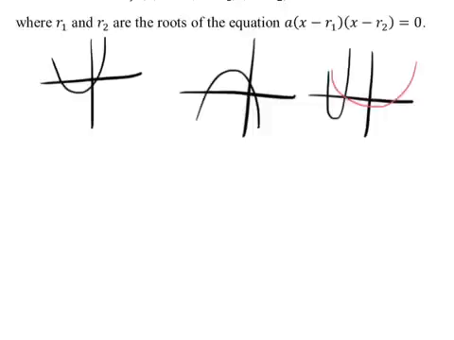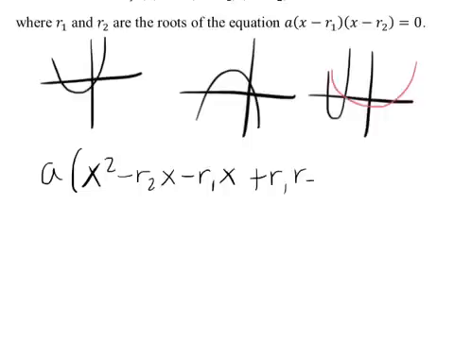We'll end up getting a times the quantity x squared minus r2x minus r1x plus r1 r2 equal to 0. And again, how am I getting that? I'm just foiling: first, outer, inner, last.